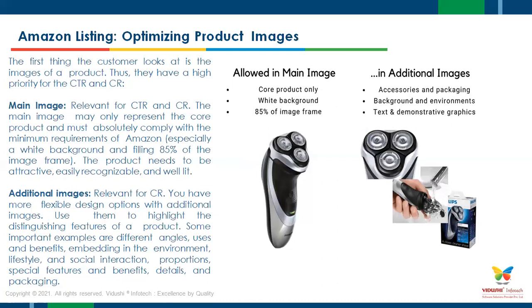So images should be properly optimized. Images should be in high quality so that they can be seen clearly by the buyer, and additional images should contain additional information like accessories, packaging, and utilities of the product.